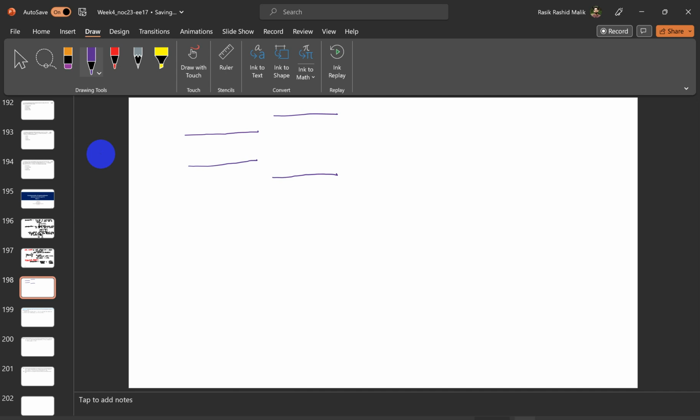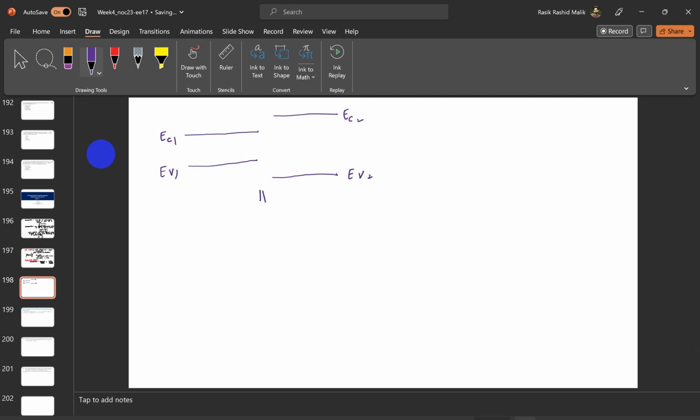Okay, say this is EC1, EV1, and this is my EC2, this is my EV2. So this is the one type where the forbidden gap of the wider material completely overlaps the band gap of the narrower material.